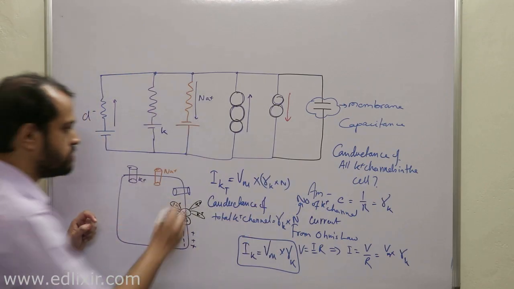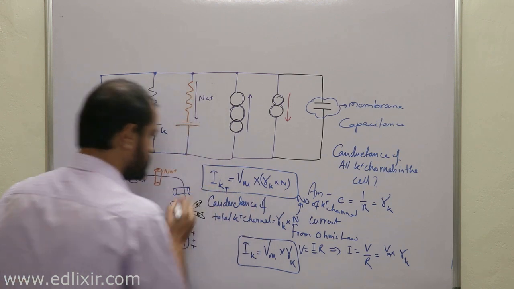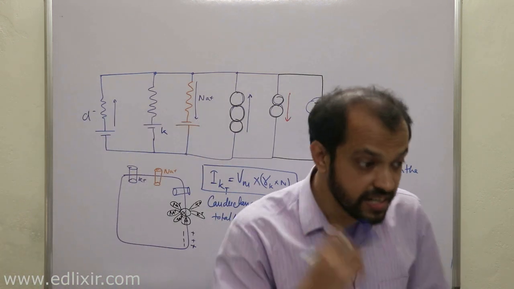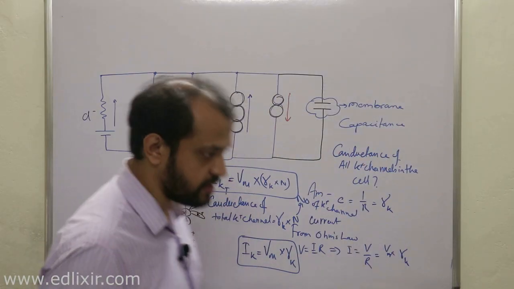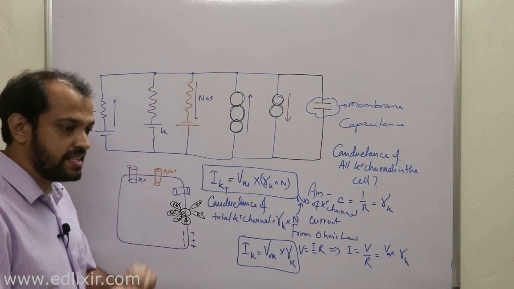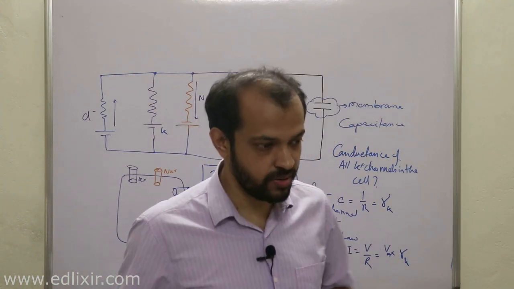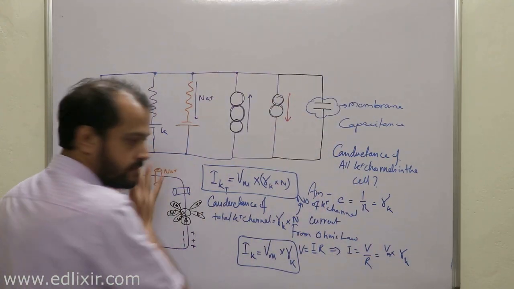So this is your total current passing through all the channels of a single type present in the cell. Now utilizing these theories, we can calculate the membrane potential, that is minus 70 millivolt. We can calculate it using this circuit.